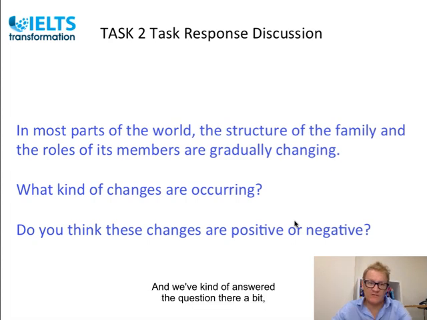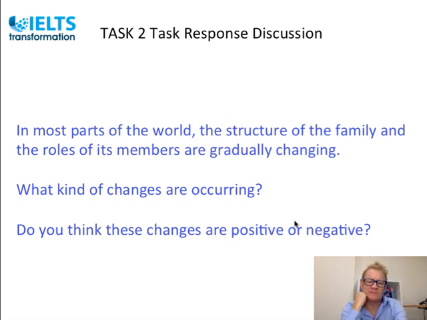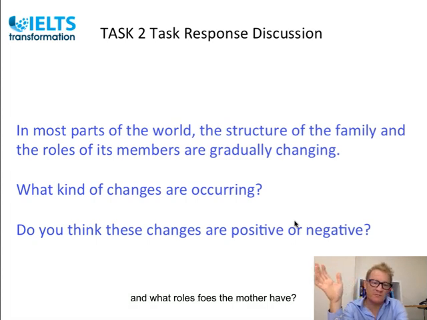And we've kind of answered the question there a bit, haven't we? And what's the roles of, so roles means jobs. So what roles does the father have and what roles does the mother have?